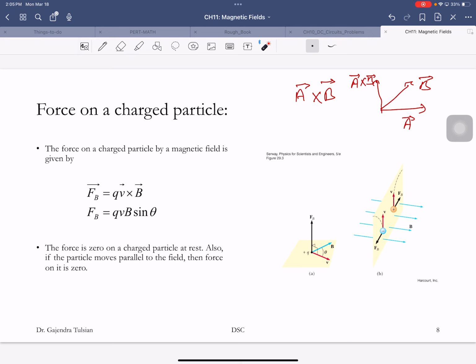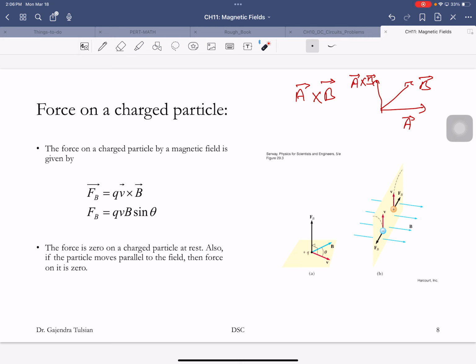Zero. For theta equal to 0, what is sine theta? Zero. So, when the particle is moving either parallel or anti-parallel to the magnetic field, there won't be any force. That's the only time when it doesn't exert a force. Do you guys understand this?